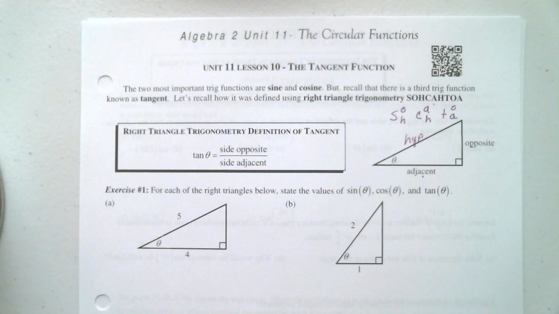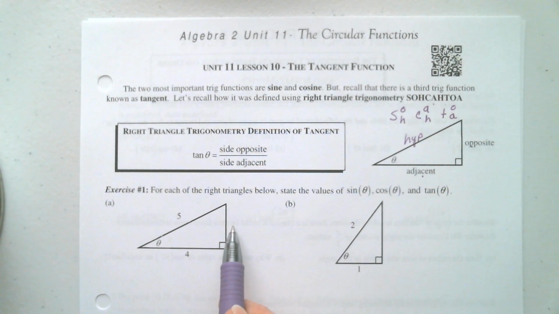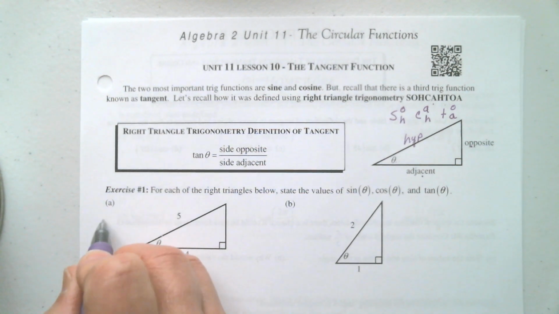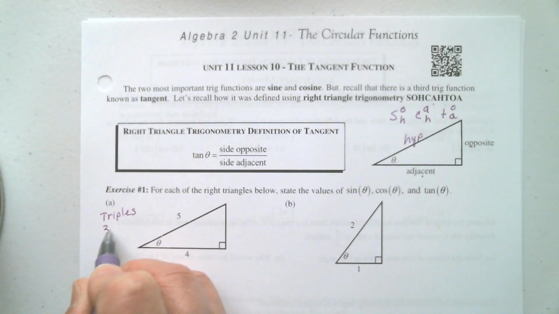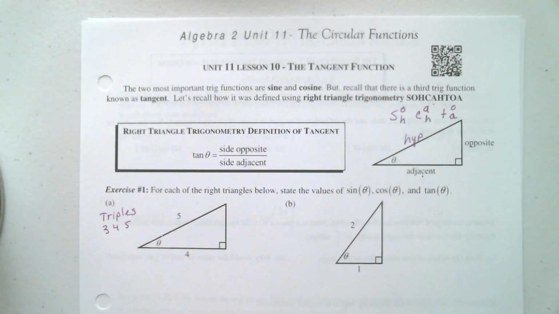So putting this into practice, for each of the right triangles below, state the values of sine theta, cosine theta, and tangent theta. Well, the first thing we need to do is find the missing leg in 1A. If you know your triples, Pythagorean triples are 3, 4, 5, and any multiple of that, like 6, 8, 10, would be a triple.